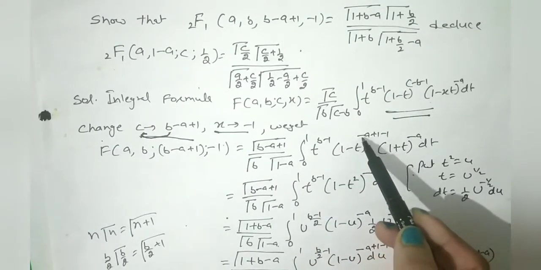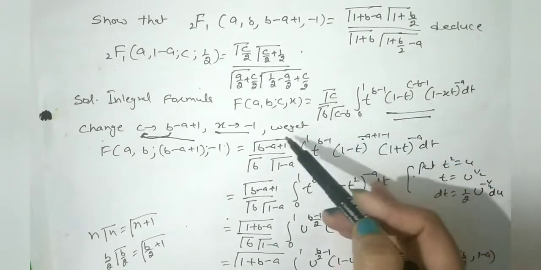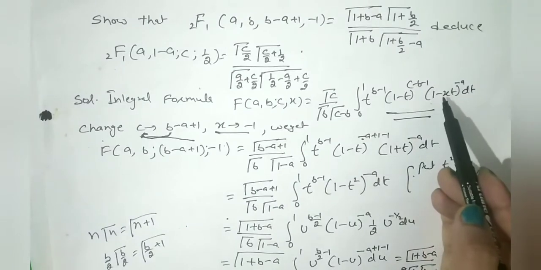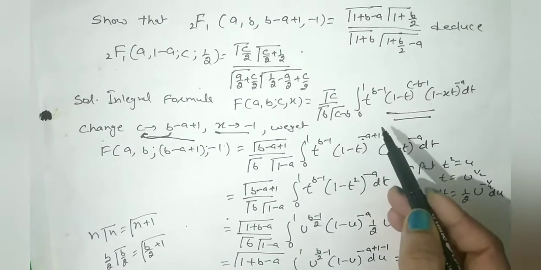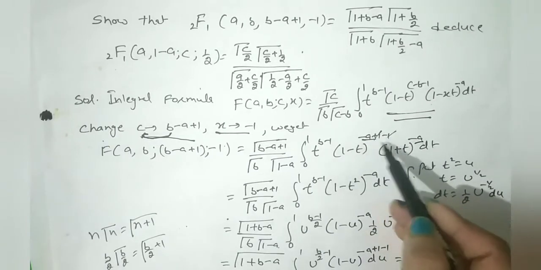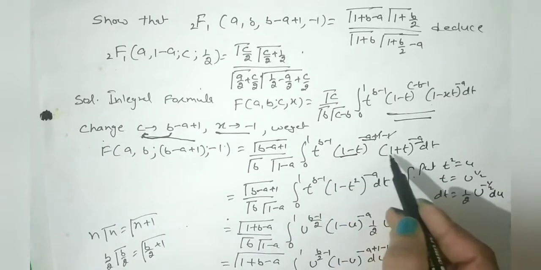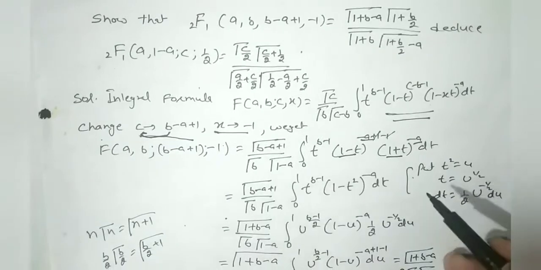Similarly here, c is present at these three places, so we replace c by this and x by minus 1. When you put x equal to minus 1, it will be 1 plus t. So this minus 1 plus 1 cancel. Both the terms have same power, so we can combine them, and while combining them, 1 minus t and 1 plus t will become 1 minus t square. Rest of the terms are as it is.